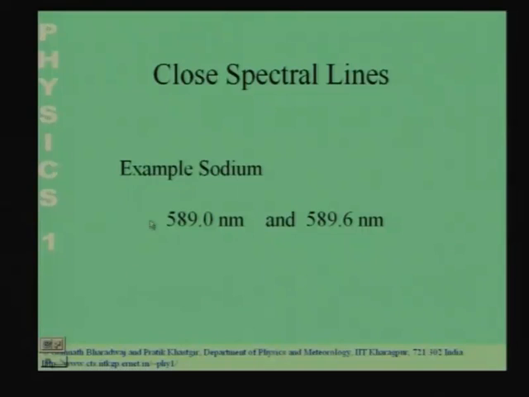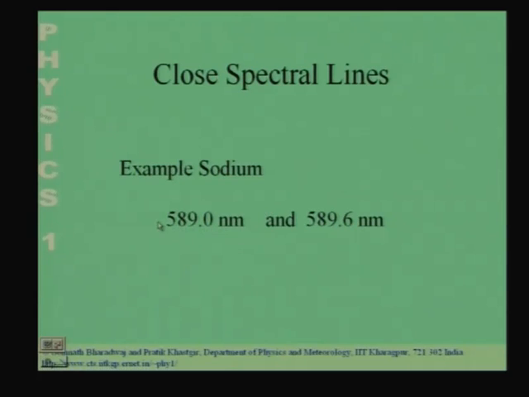For example, the sodium vapor lamp, which we use quite commonly in the lab and which is also used to illuminate the streets, has two spectral lines which are very close together.